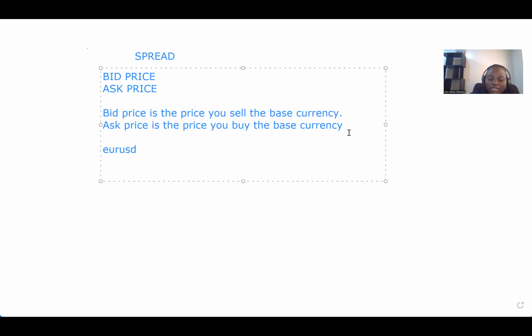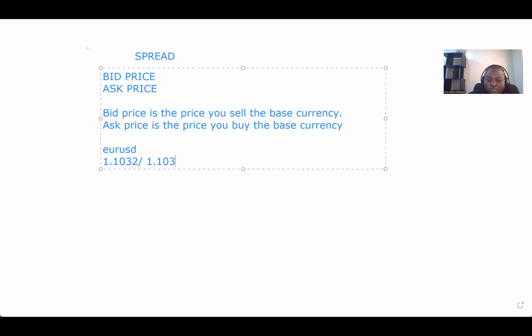And let's say they give you one price as 1.0, and they give you another one at 1 point. Okay. Now, anytime you are trading, you will always see two prices like this.